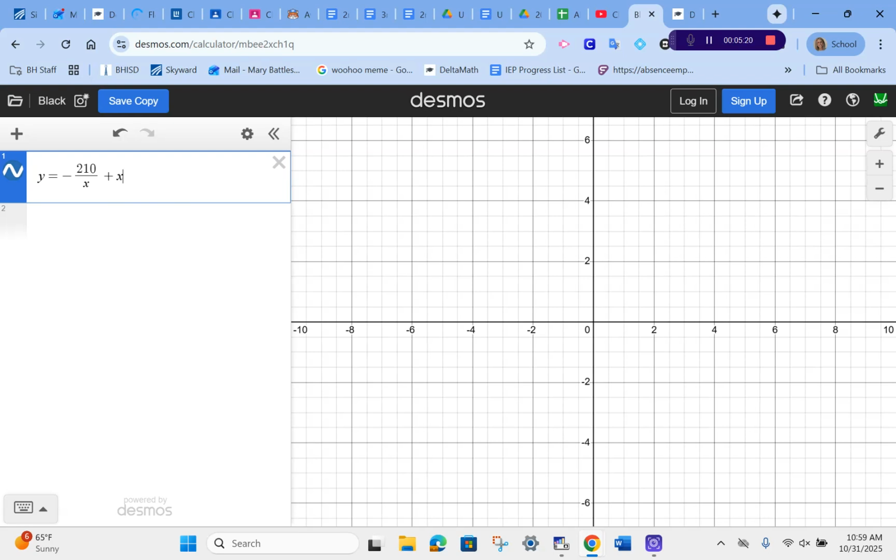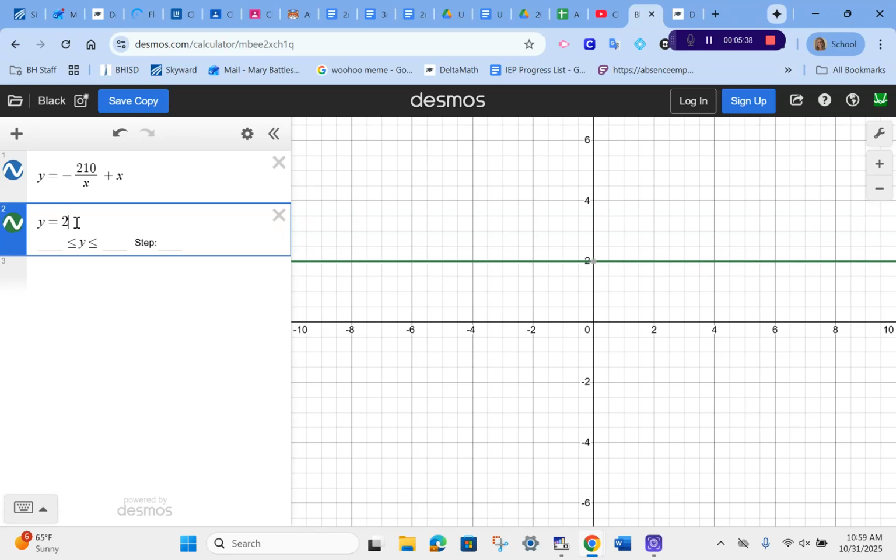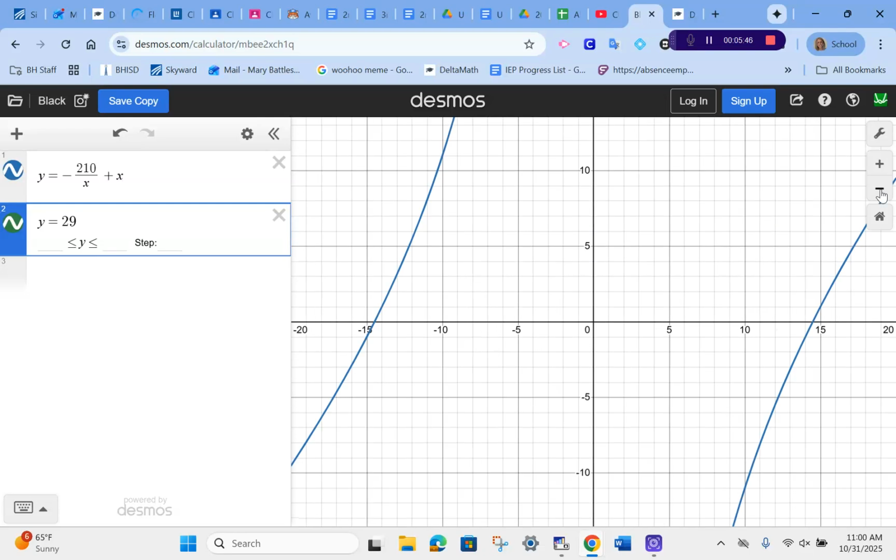All right, once we get that done, now the second equation: y equals our bottom number, y equals 29. We didn't see anything show up on the screen, so I'm going to have to shrink this.